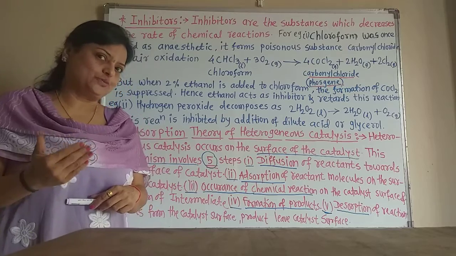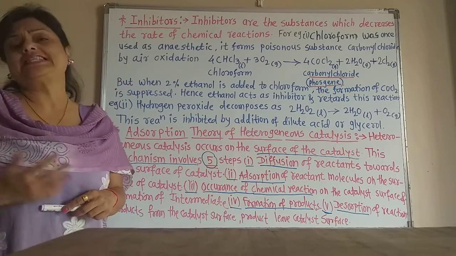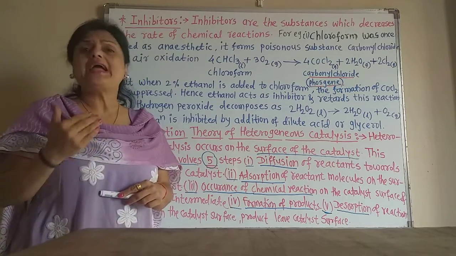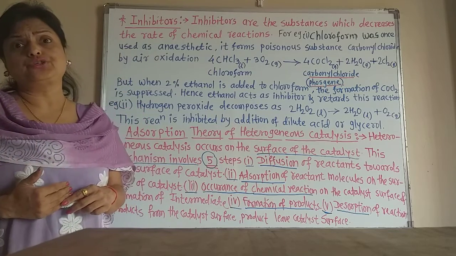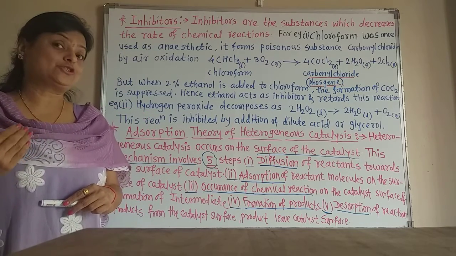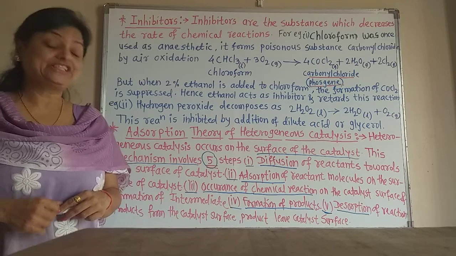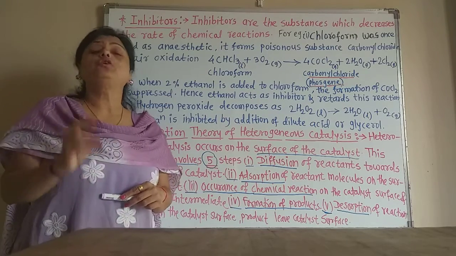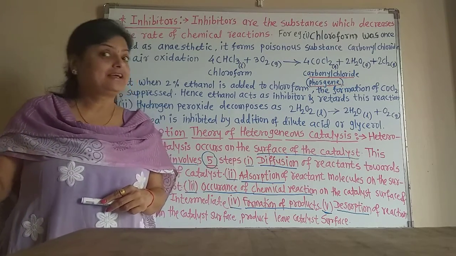For example, diffusion of a gas such as hydrogen or nitrogen on the surface of charcoal. In this way, the first step is the diffusion of the reactants on the surface of the catalyst.